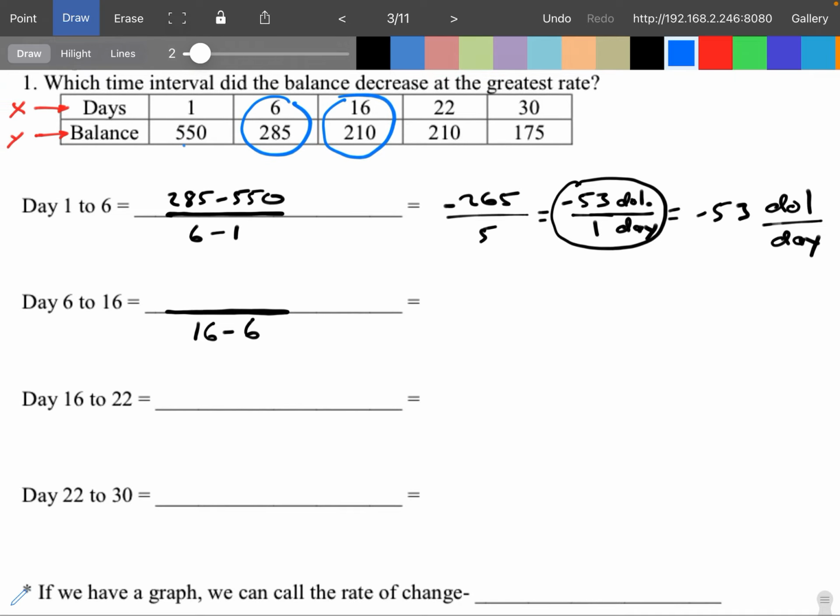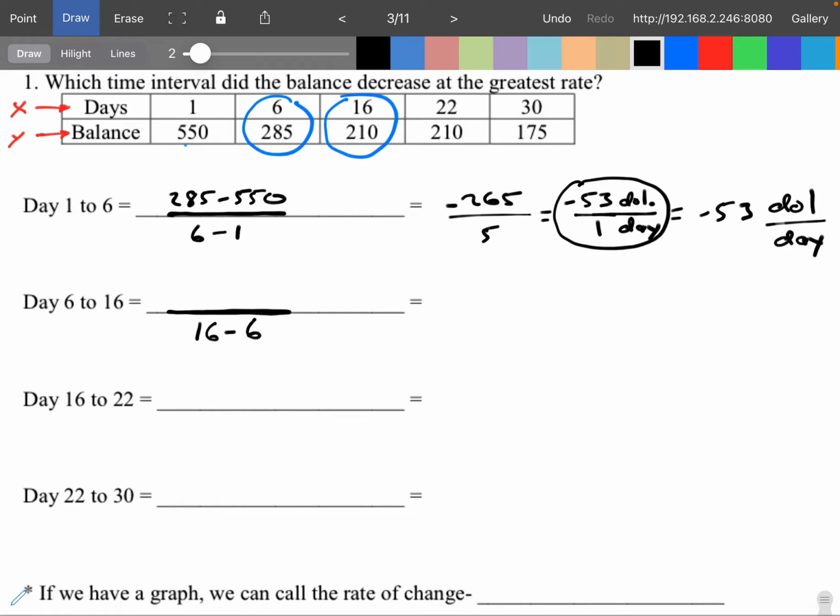And then in the numerator, we're going to subtract the y's, now using these 2 points, right? This one and this one. So the numerator, we're going to subtract the y's, which is going to give us 210 minus 285.